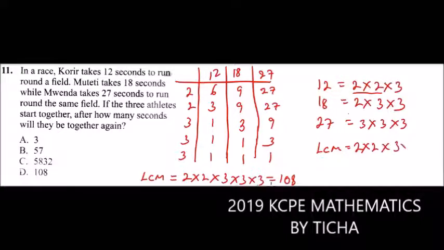So we have 3 times 3 times 3, and just like we have done here, you'll be able to get 108. So those are the number of seconds that the athletes will be together when they are running around the same field. So if you check your answer, it is D, and that is how you work out that question.